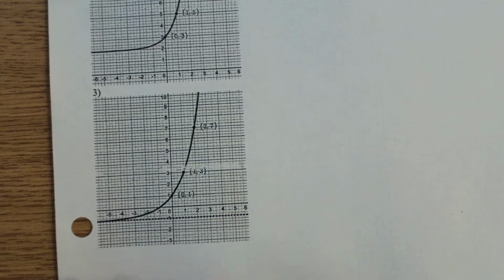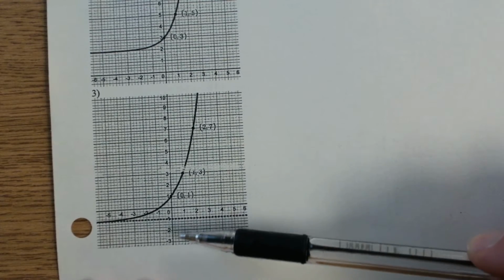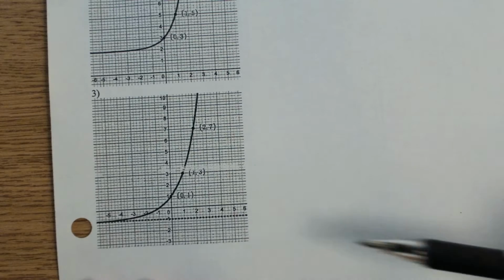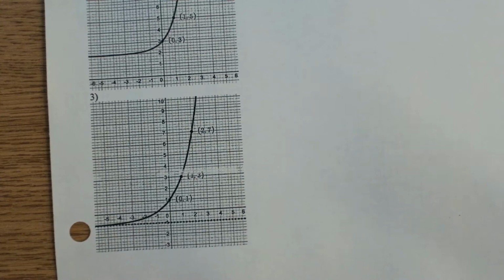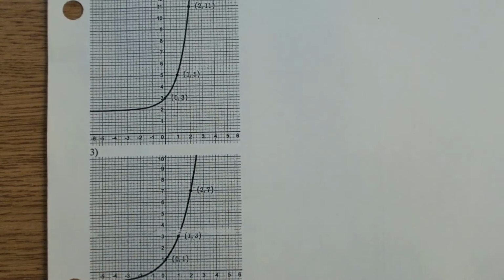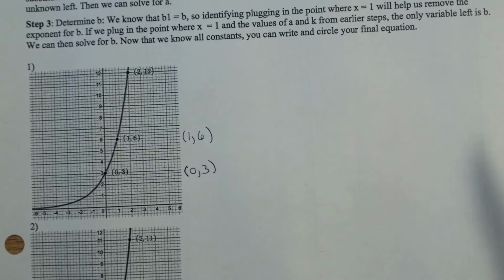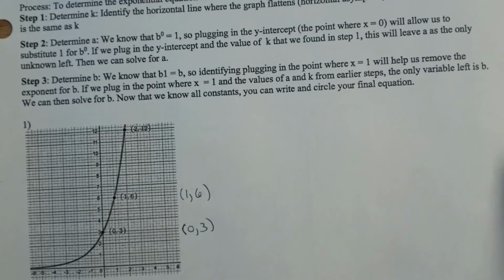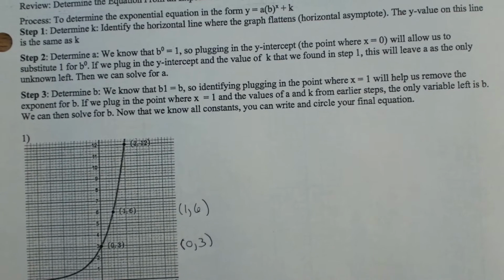So the value of k is going to be the same exact value of y wherever we flatten out, what we call the horizontal asymptote. The value of k is whatever the value of y is at this spot where your graph flattens out. So that's easy to do. And as soon as we find each of these values, you're going to plug them right into the equation to keep reducing the amount of missing unknown constants.